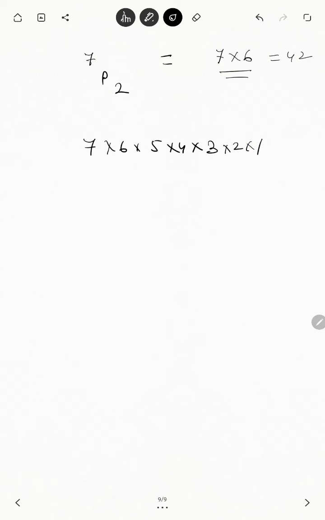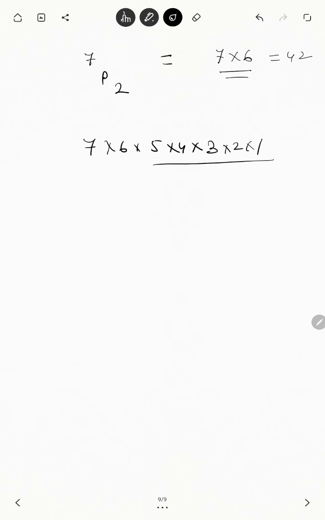We want to change this into factorial notation. For 7P2, we can write 7 into 6, that is 42. To change this into factorial notation, the larger number is 7, so we can write factorial 7 here: 7, 6, 5, 4, 3, 2, 1.